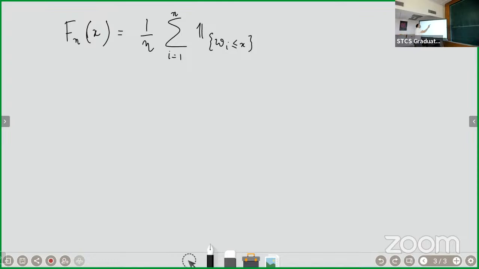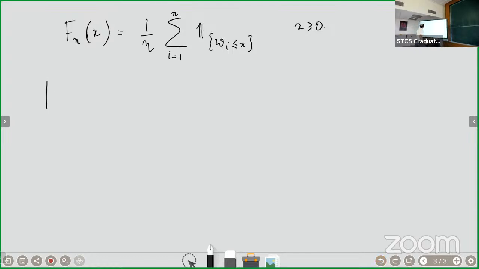So what am I counting with F_n(x)? The fraction of vertices having weight less than x. So it's like an empirical distribution function. I would have liked to say the probability of w_i being less than x, but there is no such probability right now. They're not assigned anything.